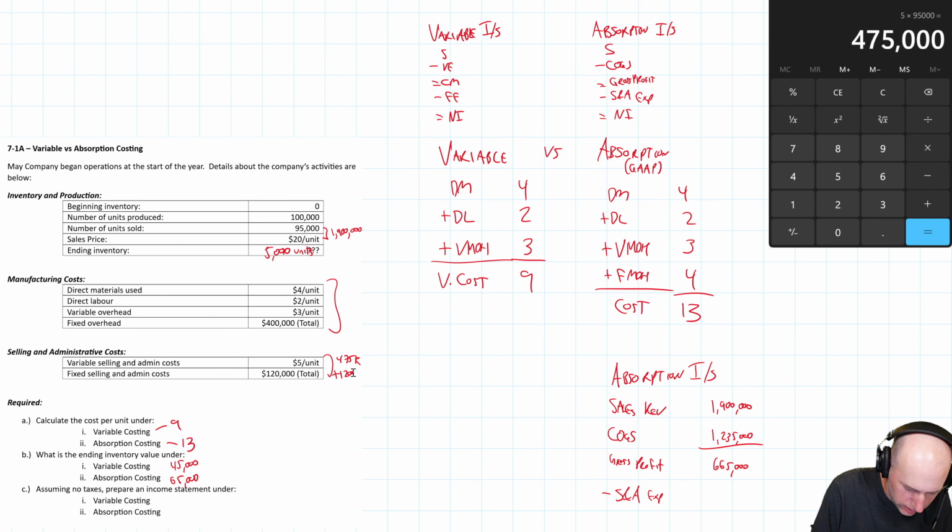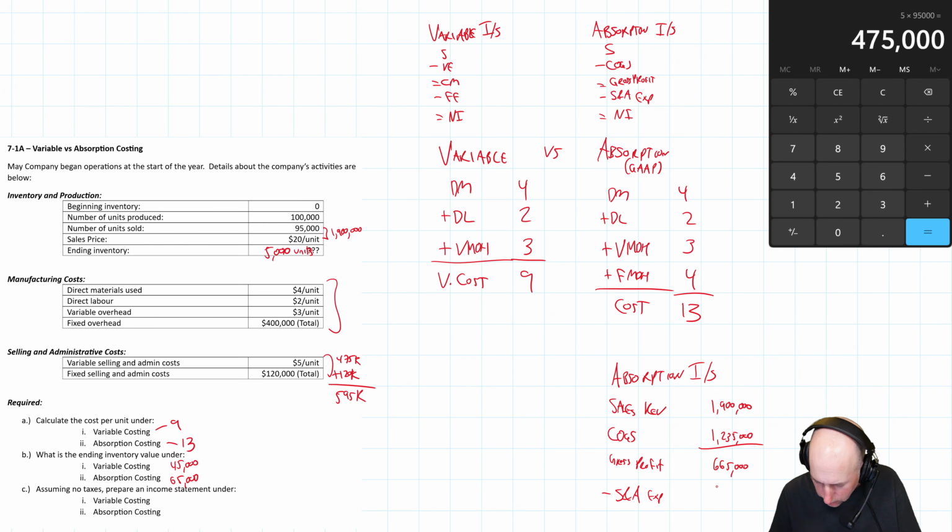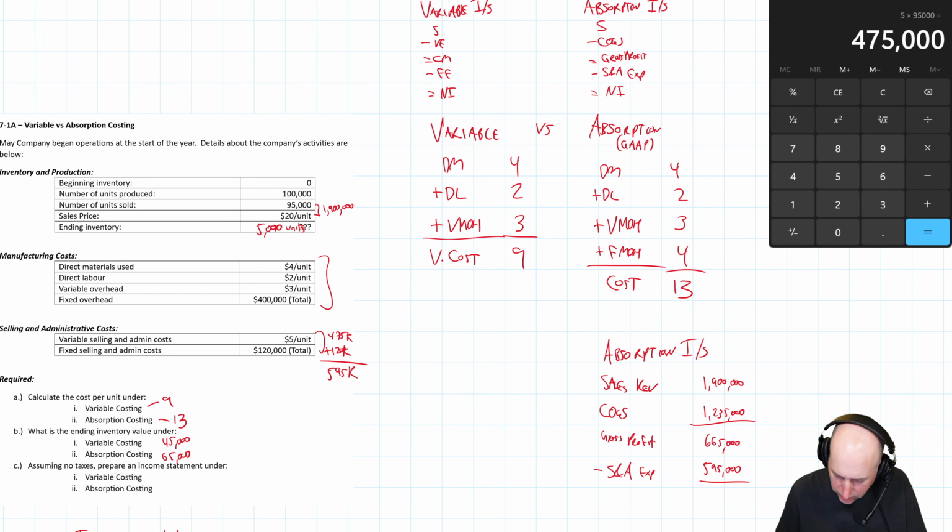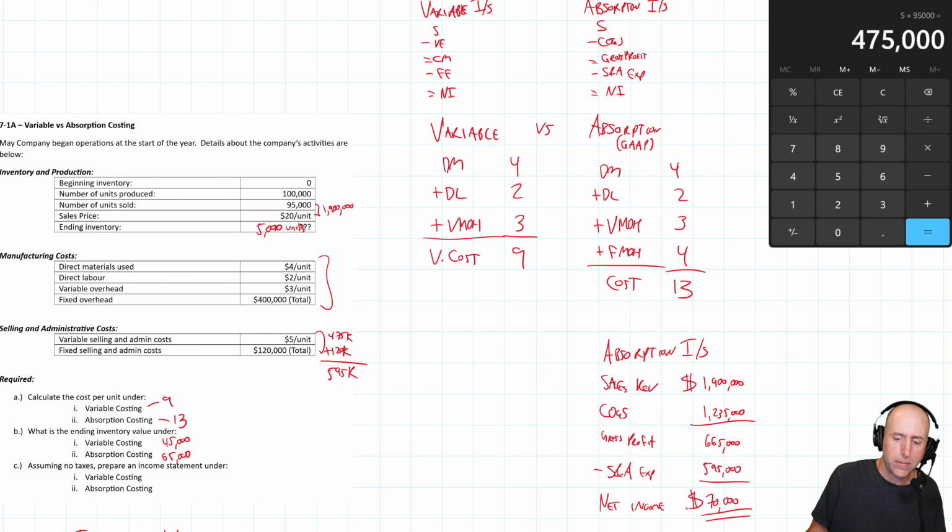Plus there's 120K in fixed, so our total selling and admin here is 595,000. All right, so 595 brings us down to net income. And our net income, 665 minus 595, it's $70,000. And there we have a beautiful absorption income statement.